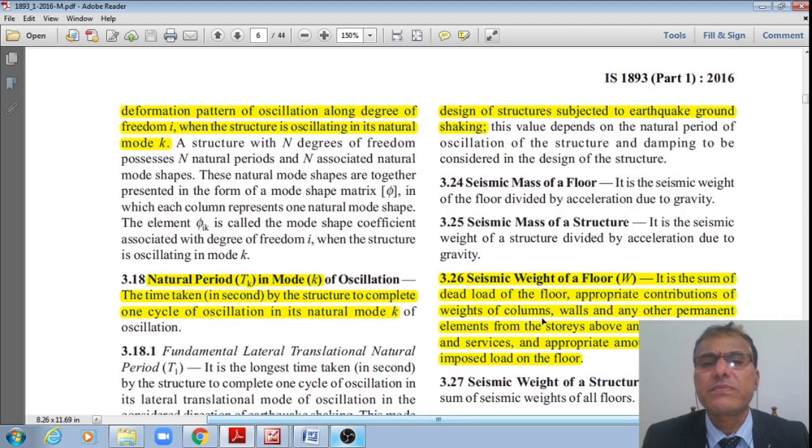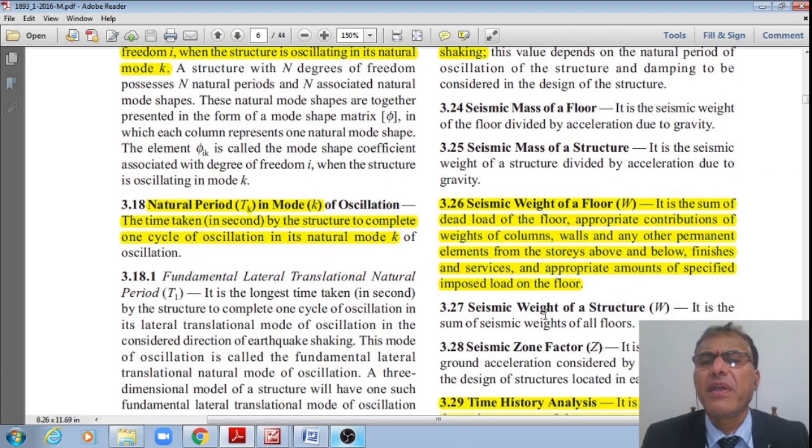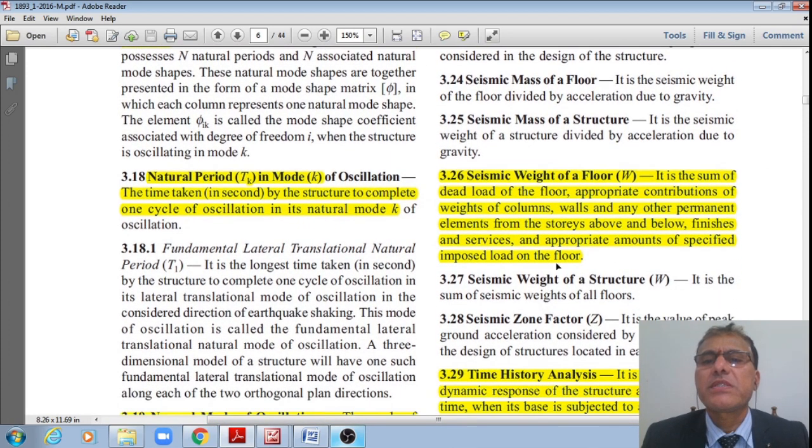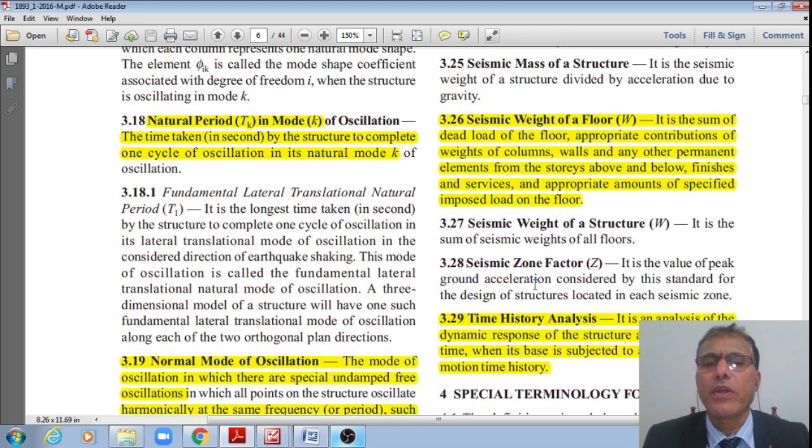Now, next one, the seismic weight of a floor, W, is the sum of the dead load of the floor, appropriate contribution of weights of columns, walls, or any other permanent element from the story above or below, finishes and services, and appropriate amounts of specified imposed load on the floor, notated by W.